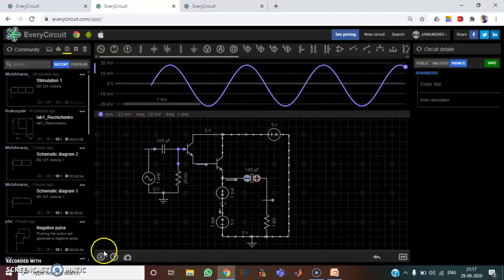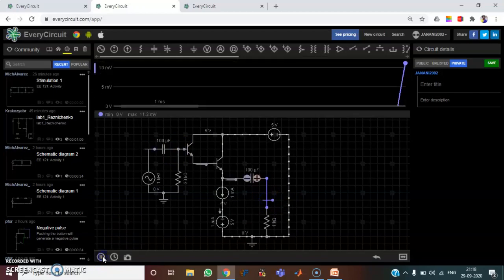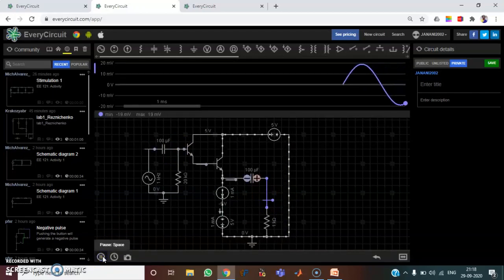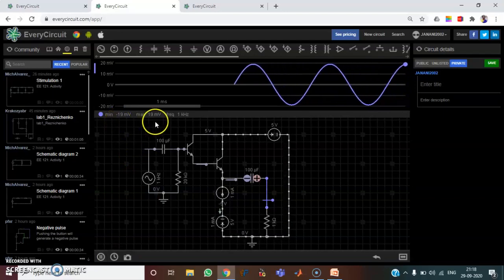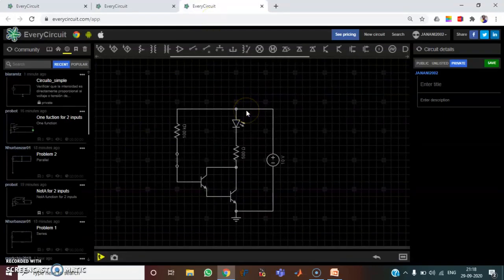And now I am disabling the input waveform and enabling the output waveform. And now we get the waveform from the minimum value of minus 19 millivolt to the maximum value of plus 19 millivolt.